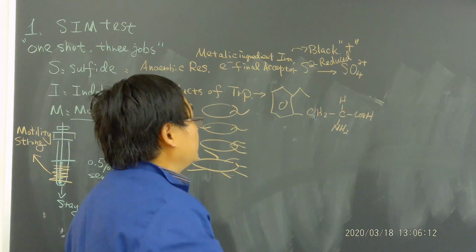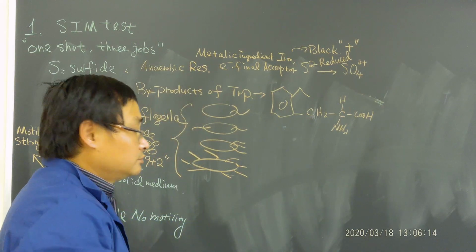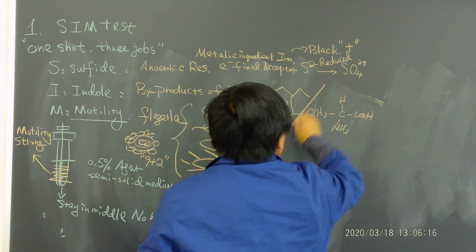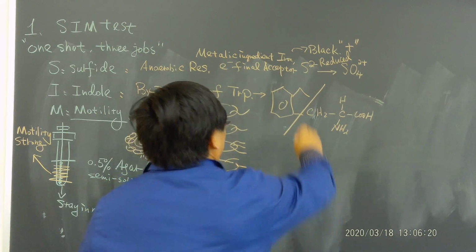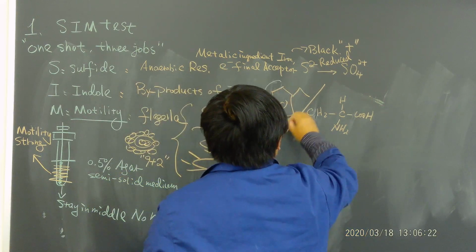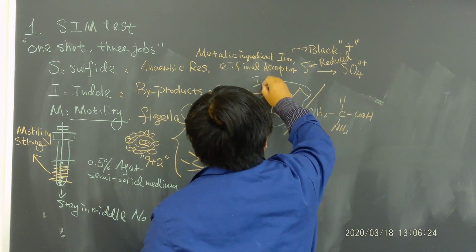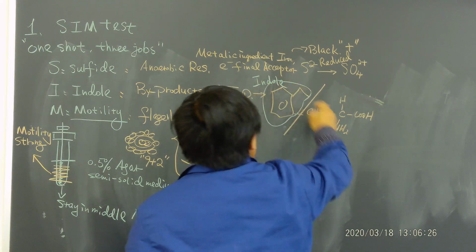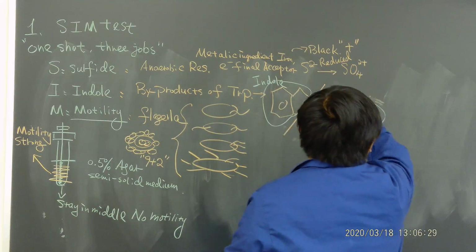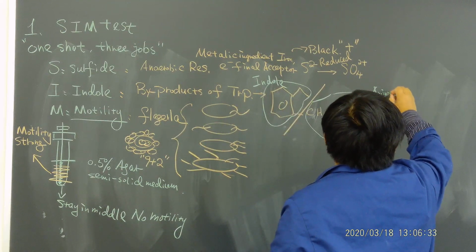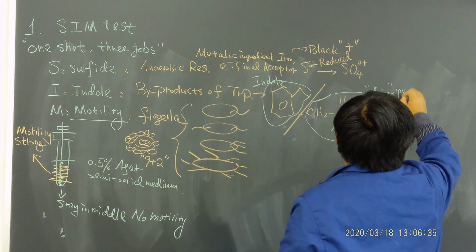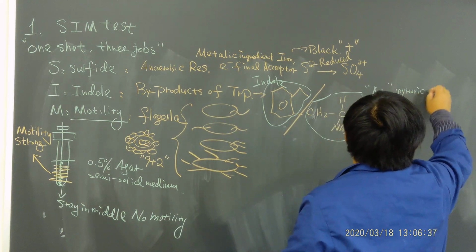Some of the bacteria can use tryptophan. They break it down right here. Now what are the two parts? This side is indole. How about this side? This is amino pyruvic acid.